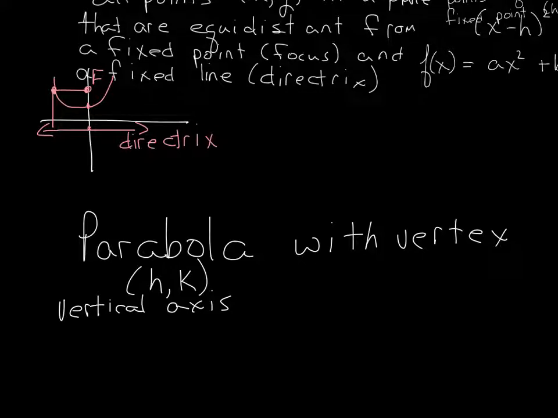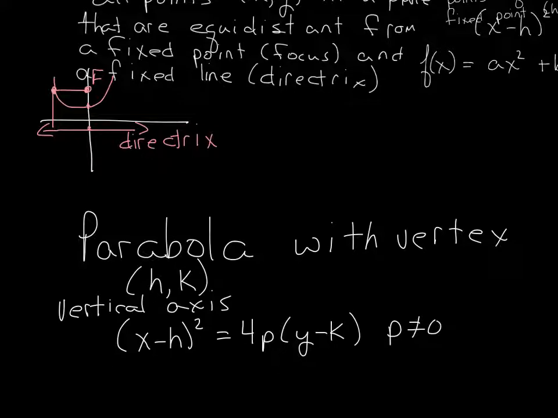The standard form is (x minus h) squared equals 4p times (y minus k). If it's a vertical axis, y is linear, and p cannot be equal to 0. P is the distance between the vertex and the focus.